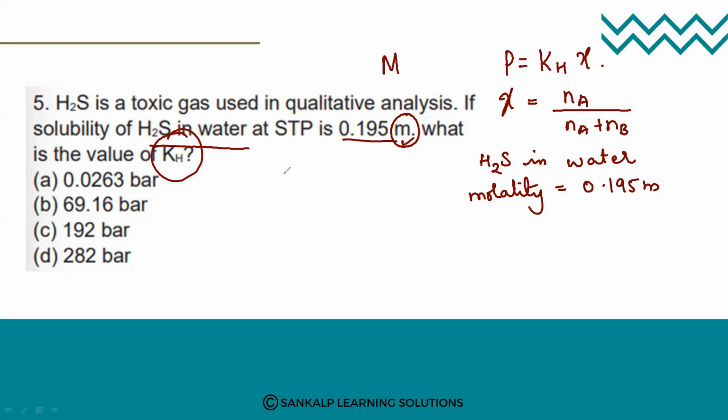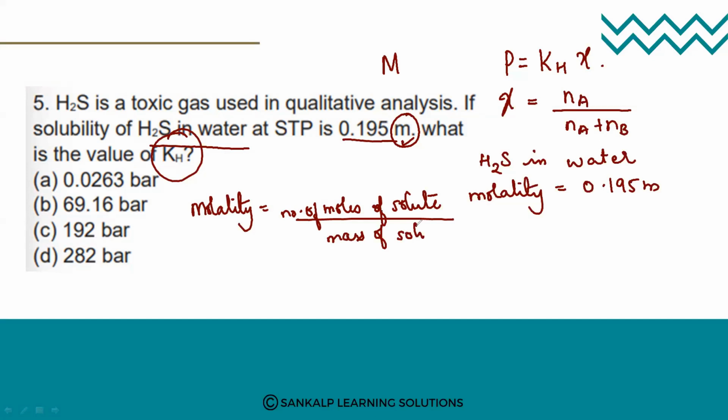Then how do you calculate molality? Molality is equal to the number of moles of solute divided by the mass of solvent in kg. Now what is the mass of solvent?